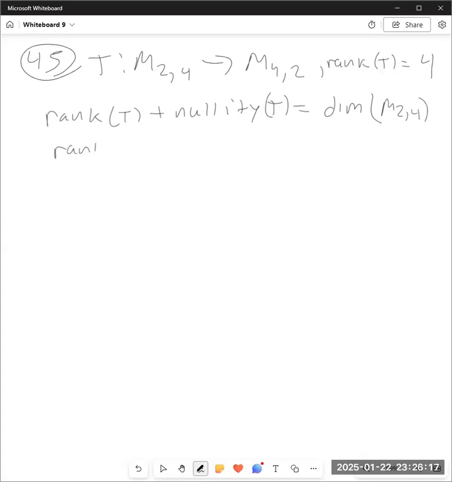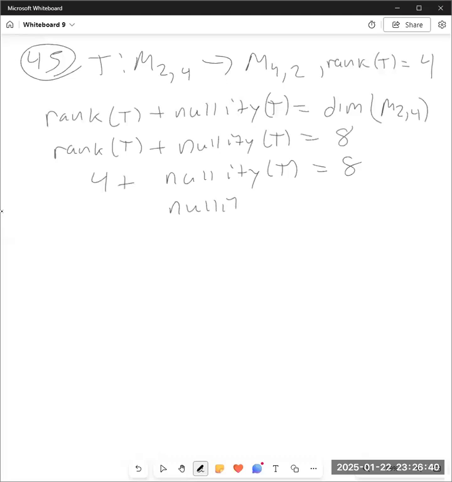So rank of T plus nullity of T is 2 times 4, which is 8. So we have 4 plus nullity of T is 8, which makes nullity of T equal to 4.